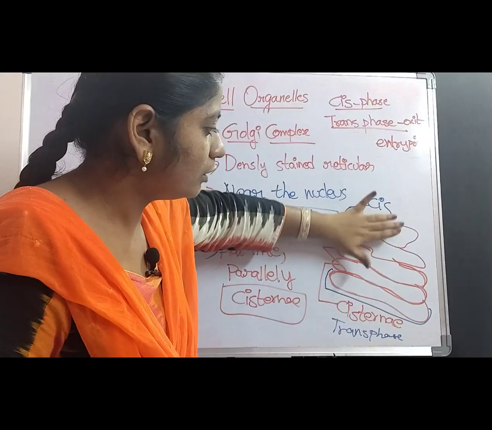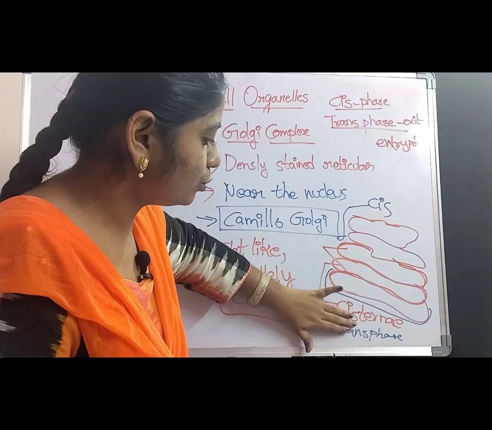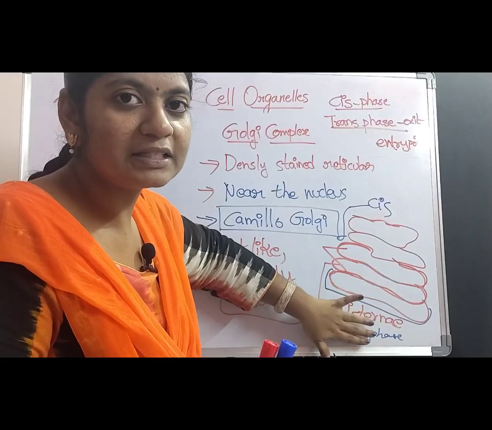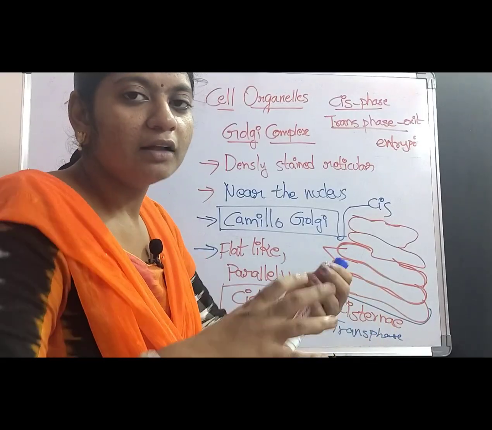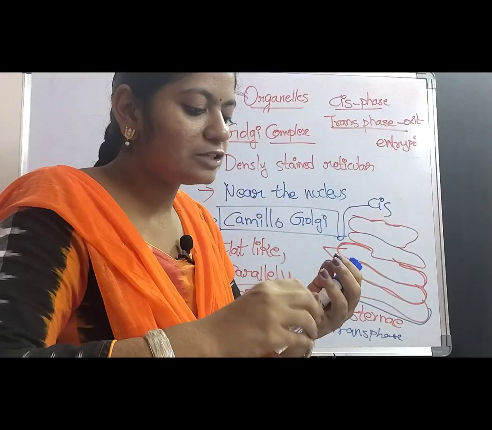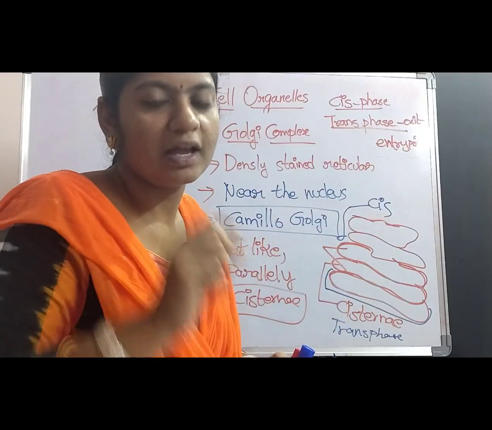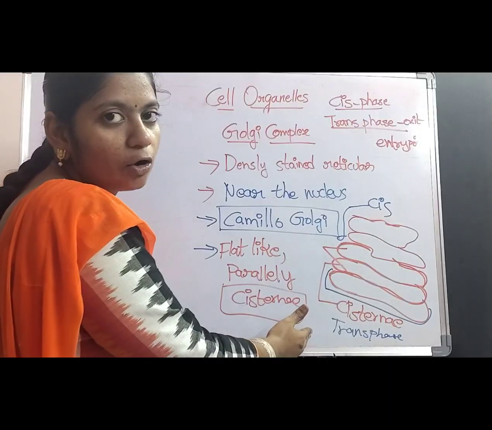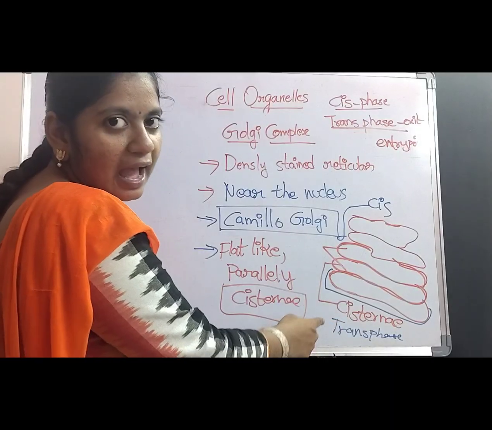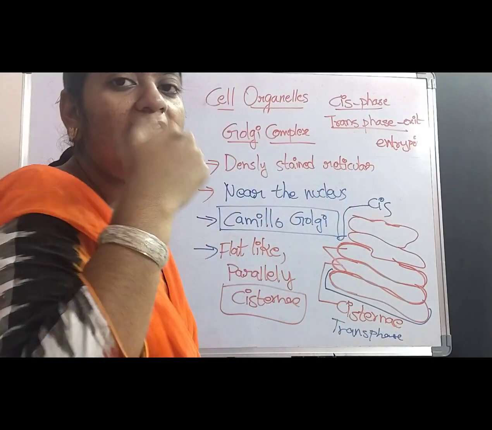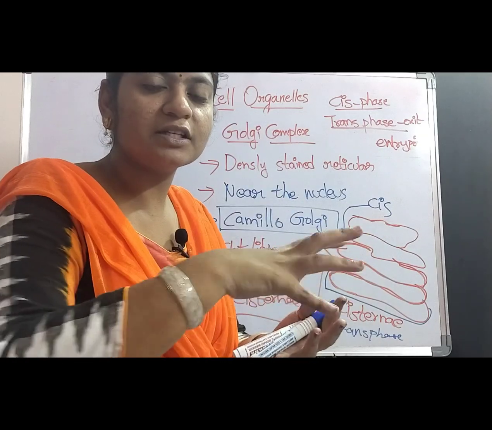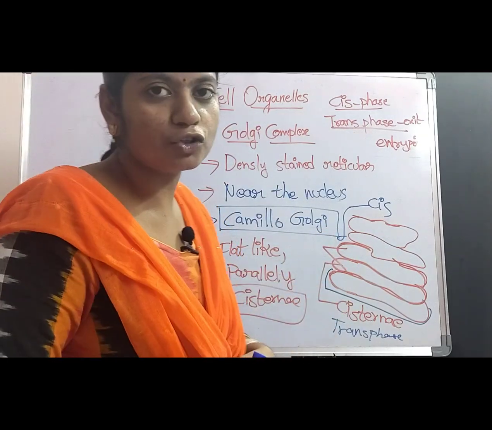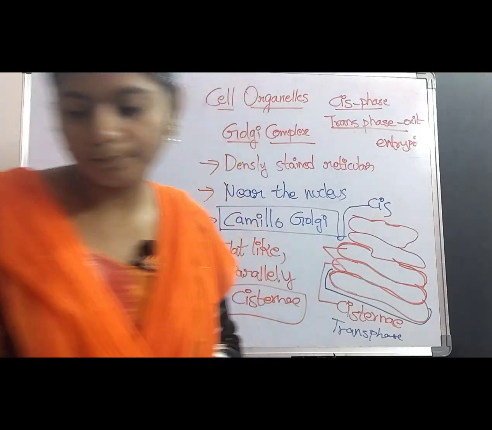From the cis phase, they enter the trans phase, where they get processed into vesicle-like structures, which come out of the Golgi complex through the trans phase and move to other cell organelles present in the eukaryotic cell. This is the complete structure and function of the Golgi complex.